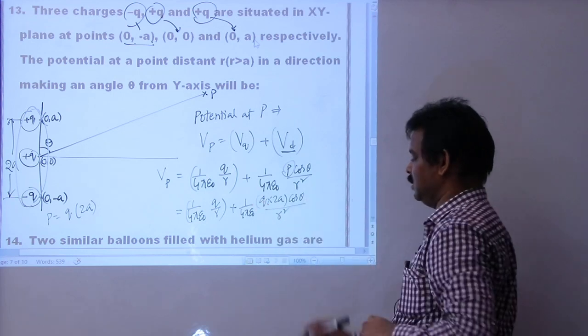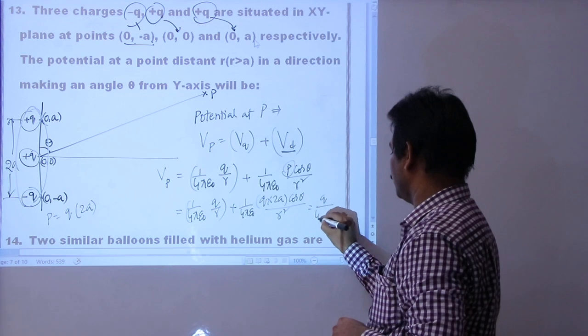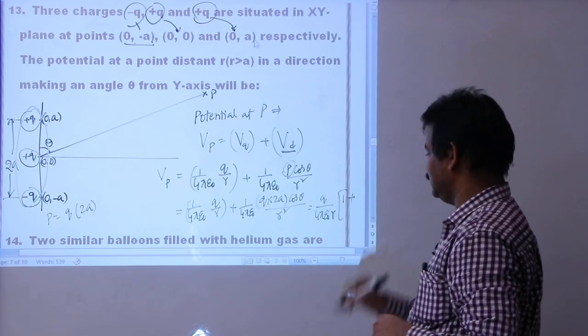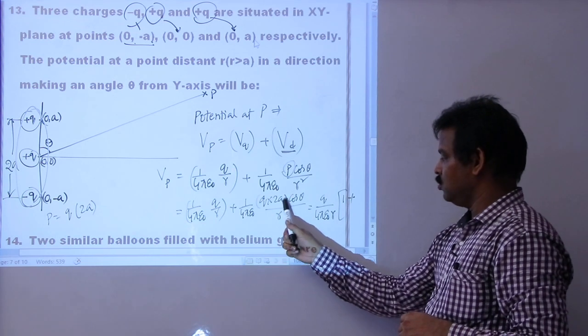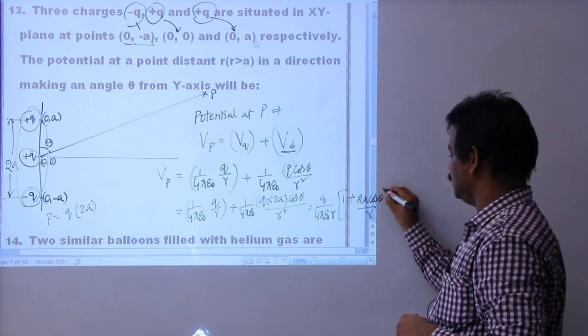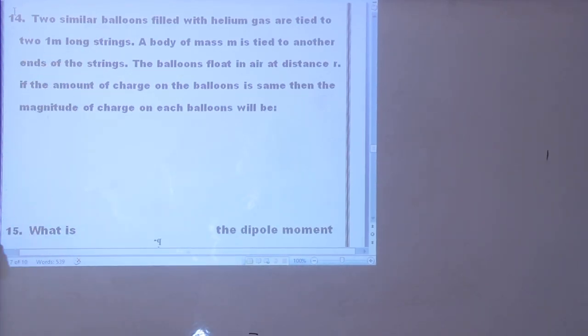You can take 1 by 4 pi epsilon naught q by r common. So the potential is q by 4 pi epsilon naught r, 1 plus the remaining terms 2a cos theta by r. This is 2a cos theta by r.